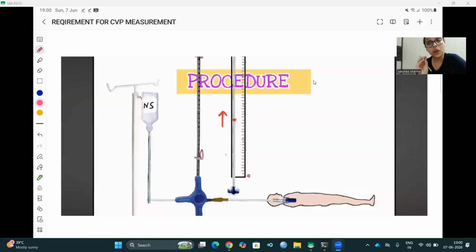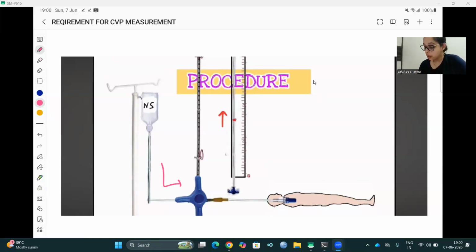You have to switch off the stopcock between NS and manometer and switch on the stopcock between manometer and the patient. You can see it is on between NS and the manometer. The NS has risen up to the level of 20 centimeter.